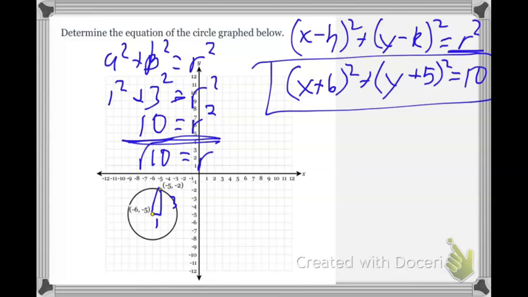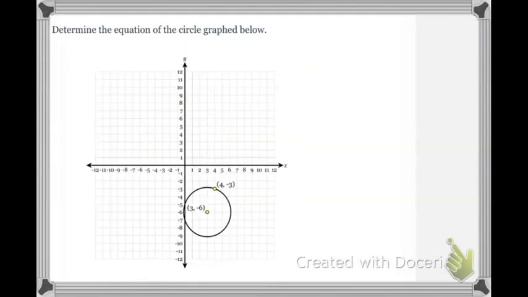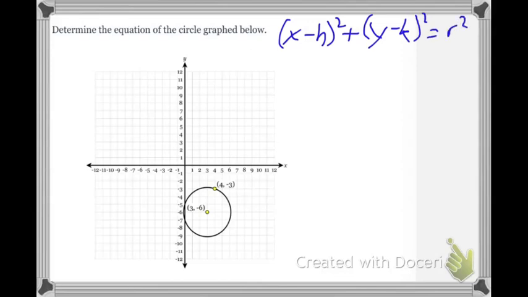All right. So here, let's get another one of these. And in fact, how about you pause the video, see if you can work this one out on your own, and then come back and check your work. All right. So let's see. Let's go ahead and write my equation down. (x - h)² + (y - k)² = r².